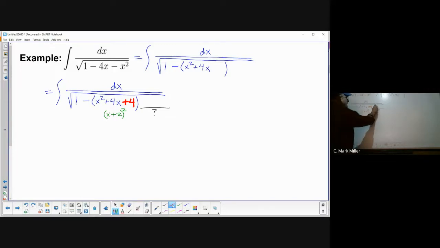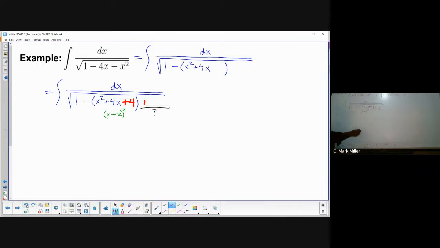So if I put 2 there, that means I added 4 inside here. So I increased inside the parentheses by 4. But I'm subtracting it. So I'm subtracting 4 and then adding 2. That doesn't cover it. I subtracted 4. I need to add 4.